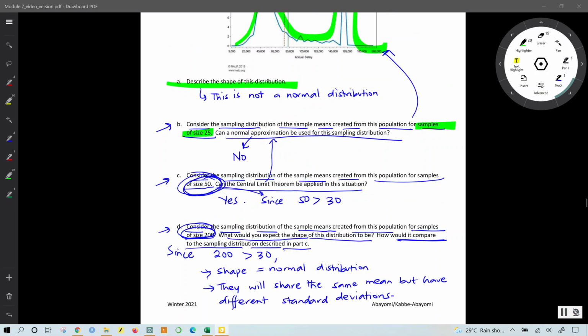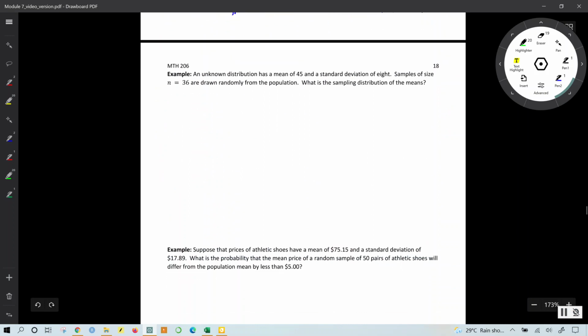So with that done, we proceed to the next example on page 18. An unknown distribution has a mean of 45 and a standard deviation of 8. So this time we just know that the parent population is not normal, so I am not going to draw a normally distributed parent population this time.